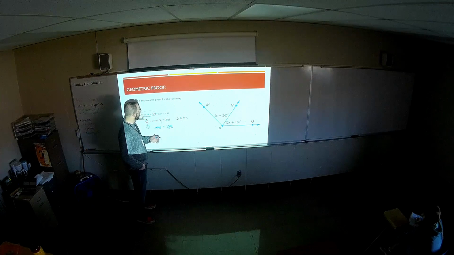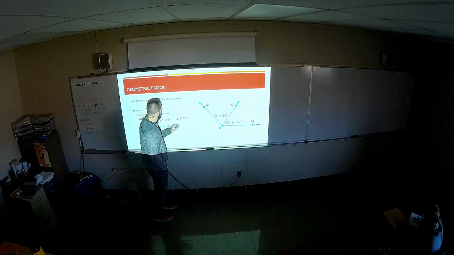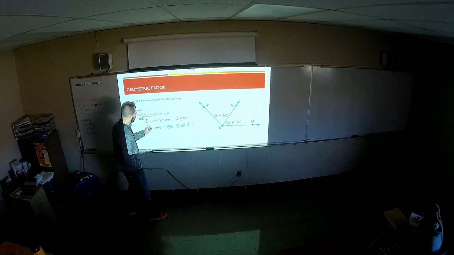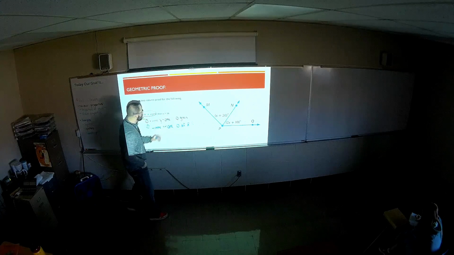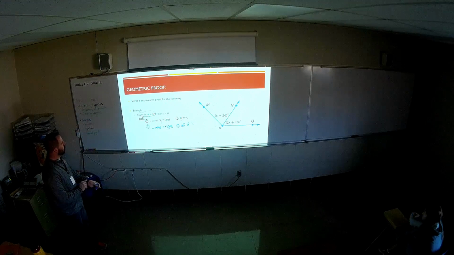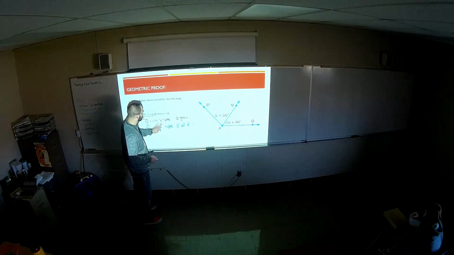The actual things are equal to each other. That's the definition of congruent. Now, I'm going to put the little m out front. That means the measures of those angles are equal to each other. That's what the little m means. So if you ever see that in your book, they're talking about the measure of the angles.